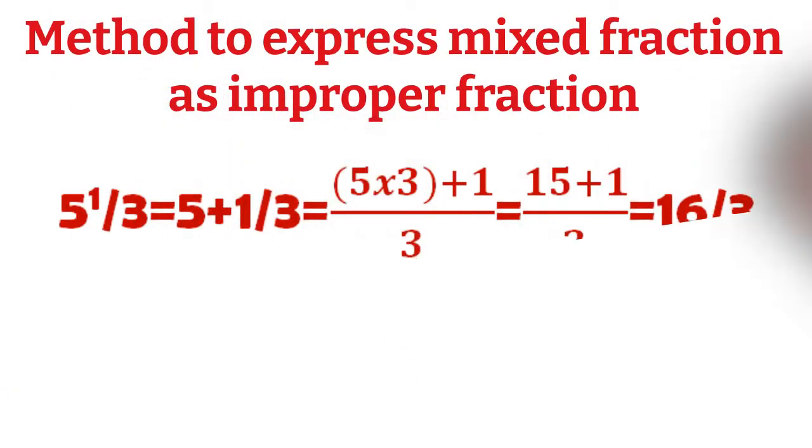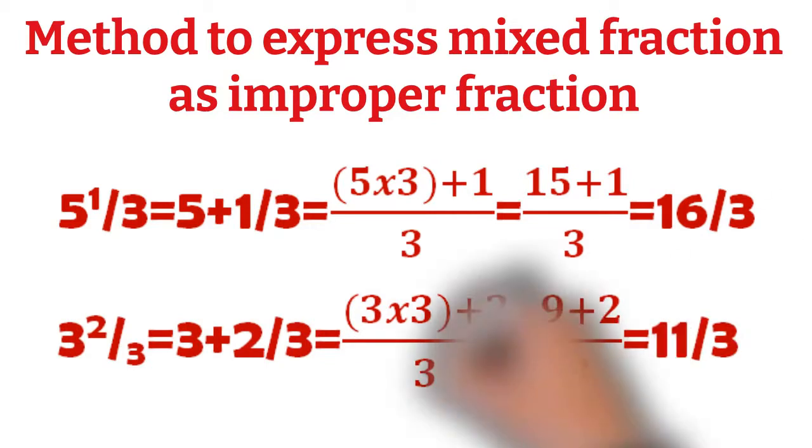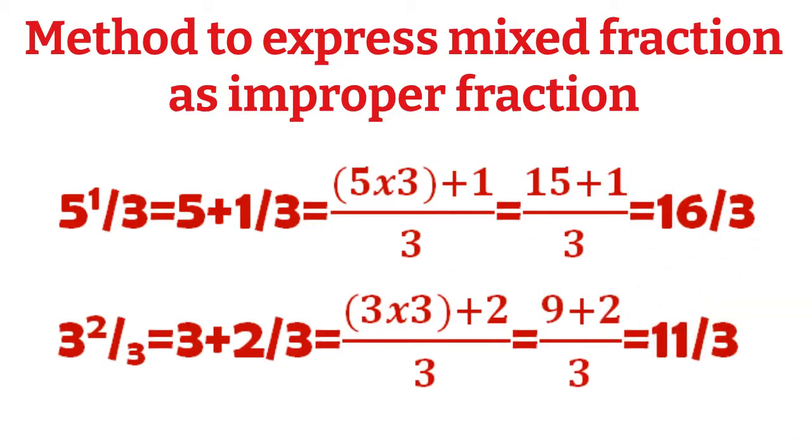Likewise, the mixed fraction 5 whole 1 by 3 more equal to 5 plus 1 by 3. That is equal to 5 into 3 plus 1 divided by 3. That is equal to 15 plus 1 by 3. And the answer is 16 by 3. And 3 whole 2 by 3 more equal to 3 plus 2 by 3.